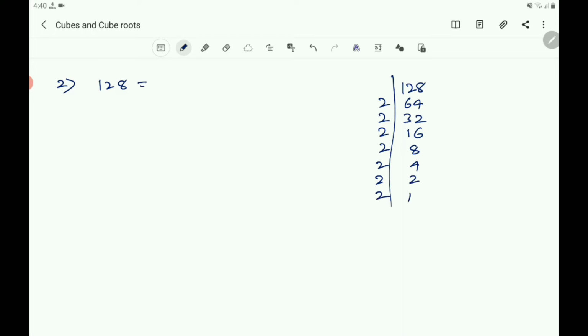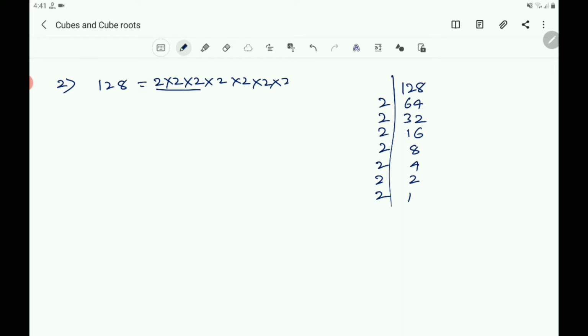Then you write 128 equals 2 into 2 into 2 into 2 into 2 into 2 into 2. How many times? 7 times.